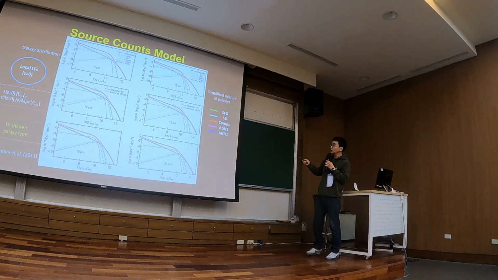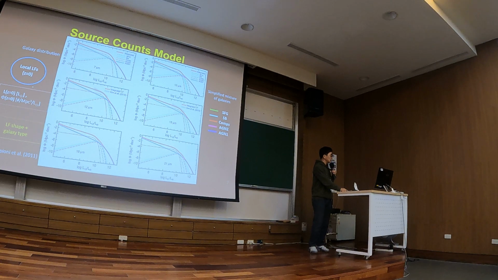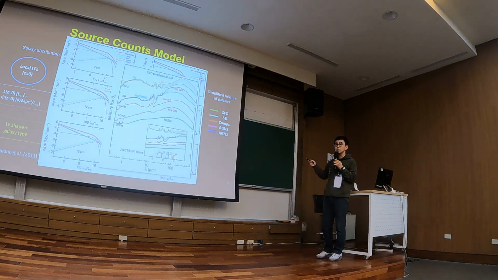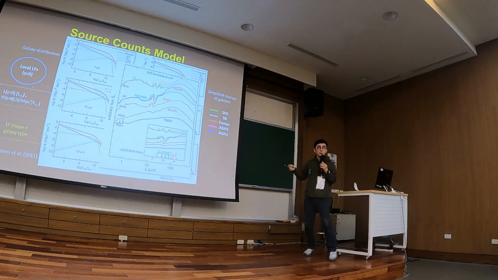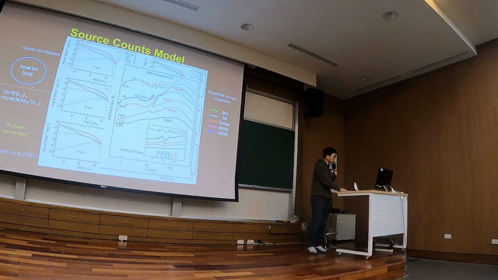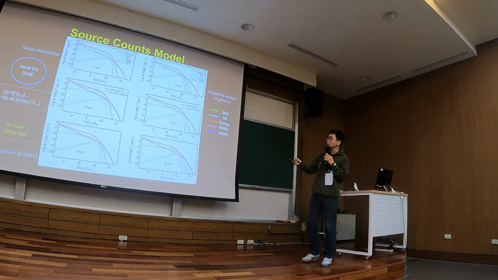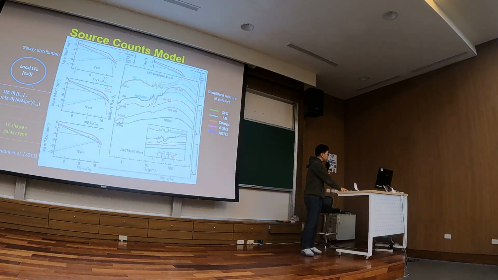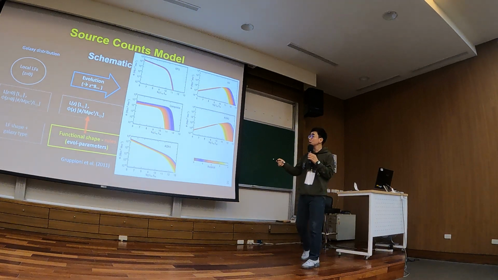The mixture of these populations, for example, star-forming galaxies, starburst, AGN type 1 and 2, and composite, are distributed in the local universe according to their luminosity functions. And next, they evolve along the redshift.